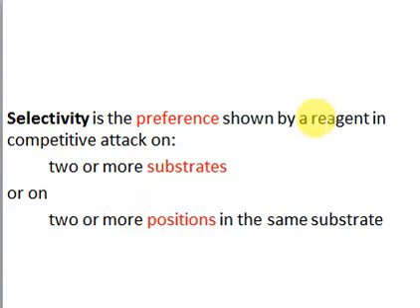Your reagent prefers the position which is less hindered. So this is called selectivity, right? Selectivity is the preference shown by the reagent, either for one of two substrates, or for one of the two positions which are available.